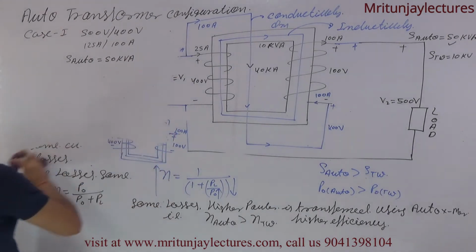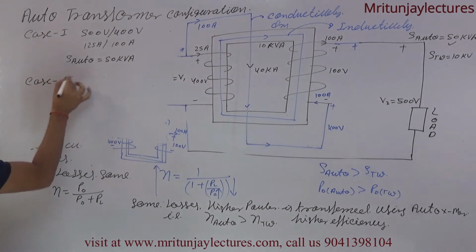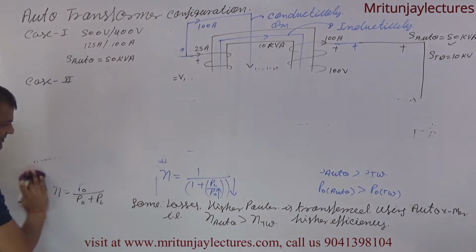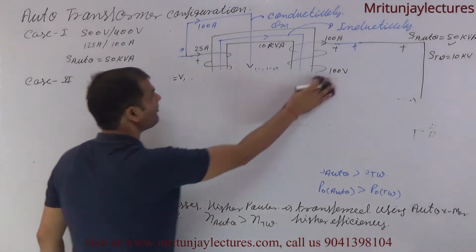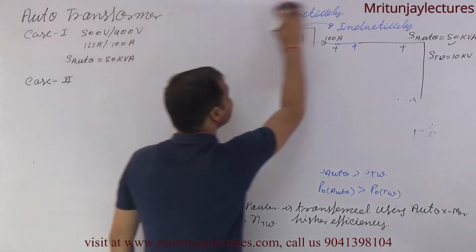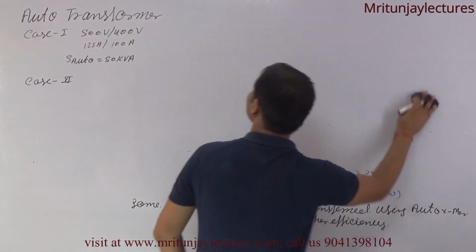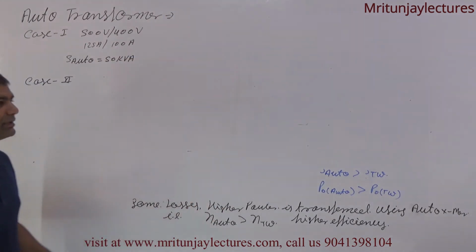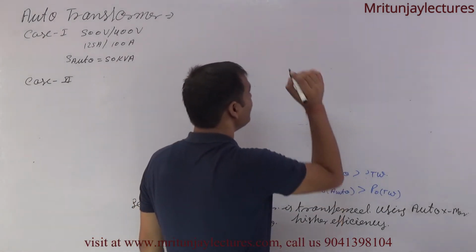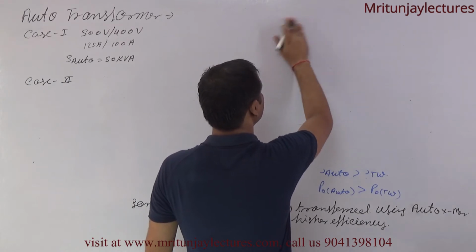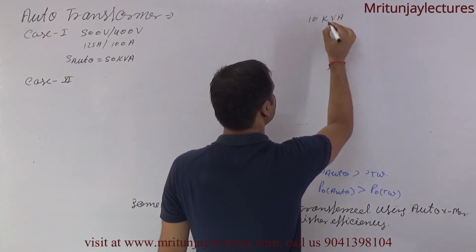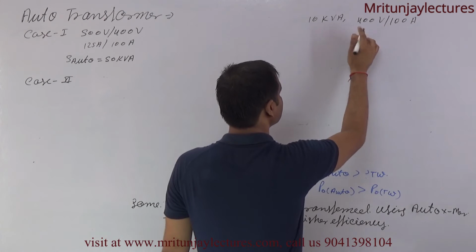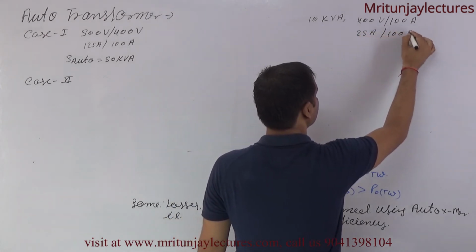Now another case, second. In case second, the two winding transformer we get is 10 kVA rating, and we make 400 volt and 100 volt, and this is 25 ampere and that is 100 ampere.